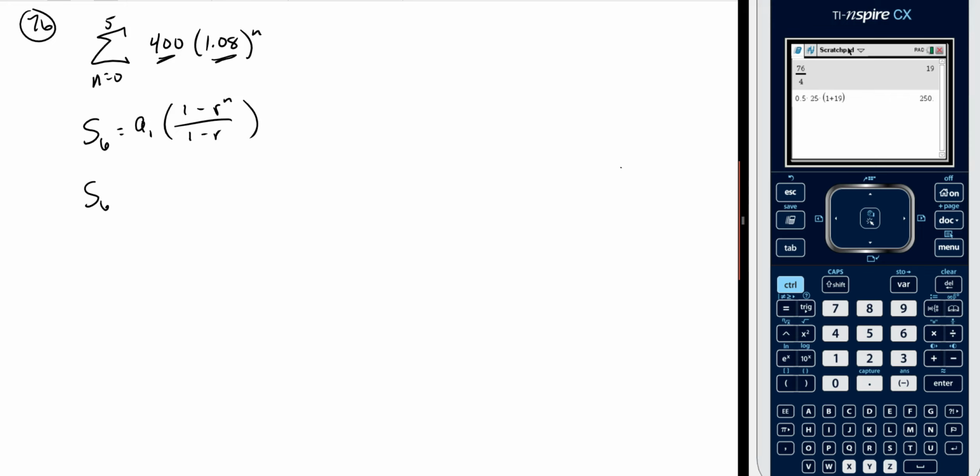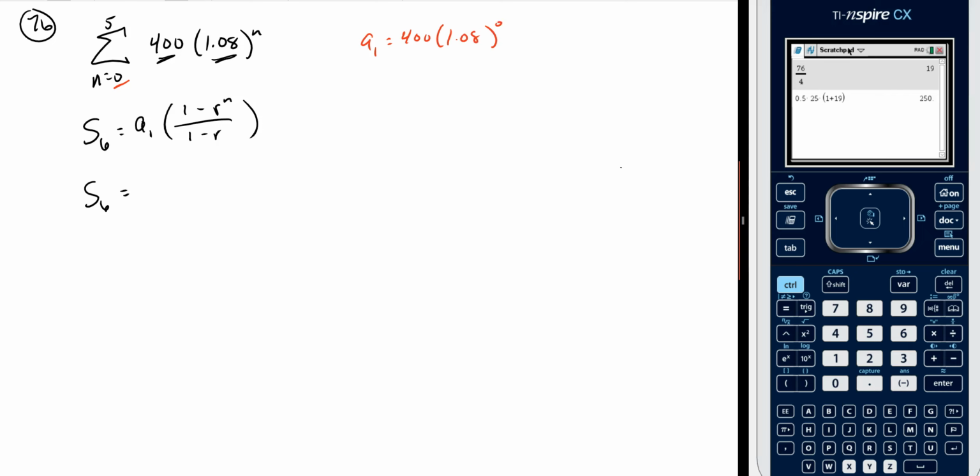So plug in everything that we know. S6 is equal to A1. Easiest way to do it, A1, again, plug in your first term into the equation. So since we're starting at 0 this time, it's 400 times 1.08 to the 0.